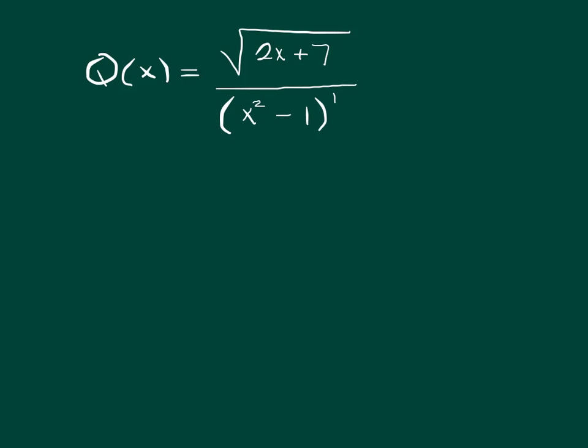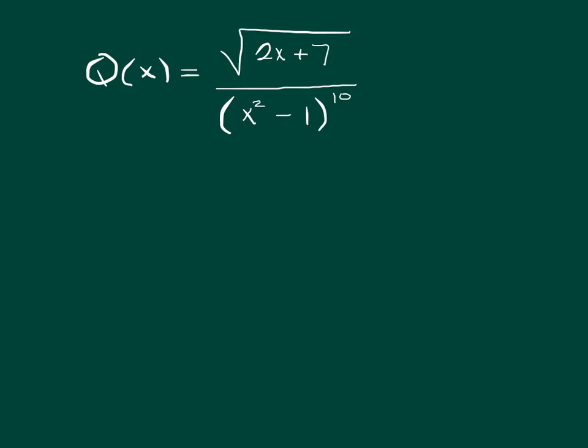Q of x is the square root of 2x plus 7, divided by, let's do x squared minus 1 to the 10th. Big enough that you wouldn't want to actually expand it.